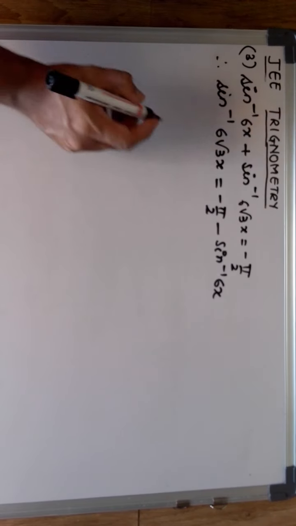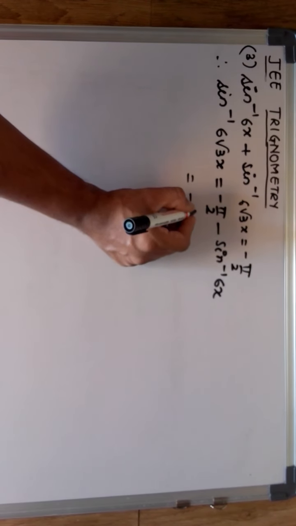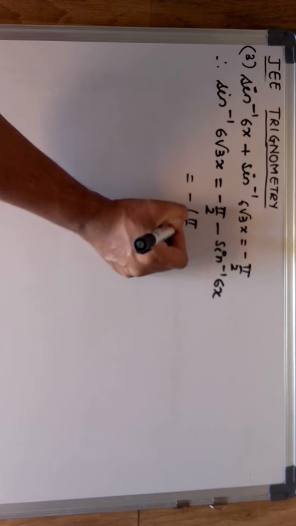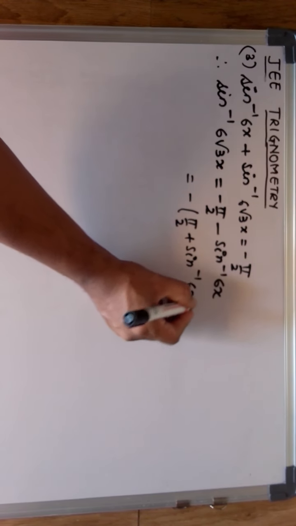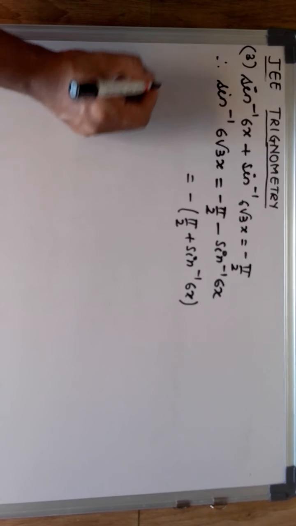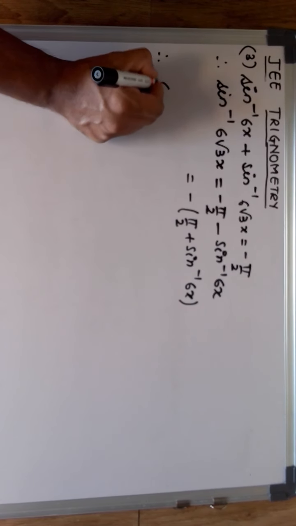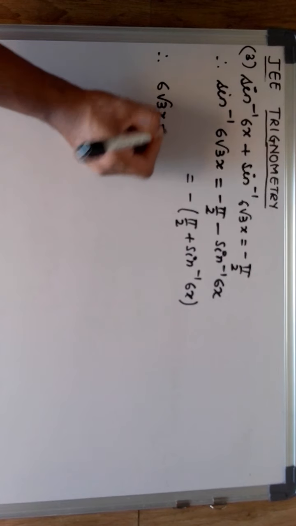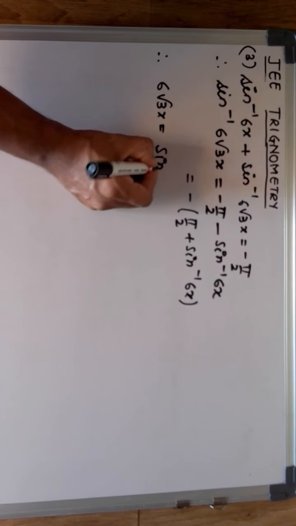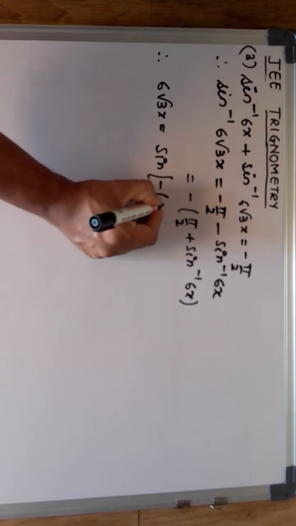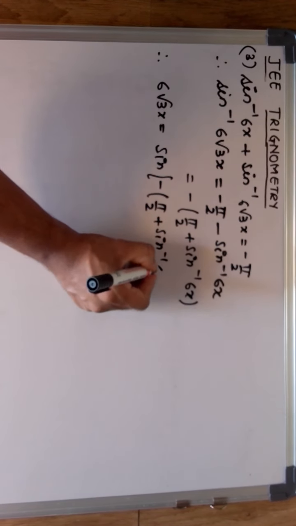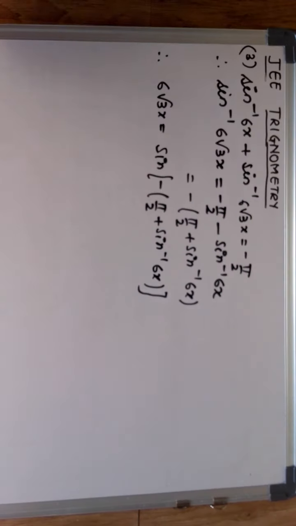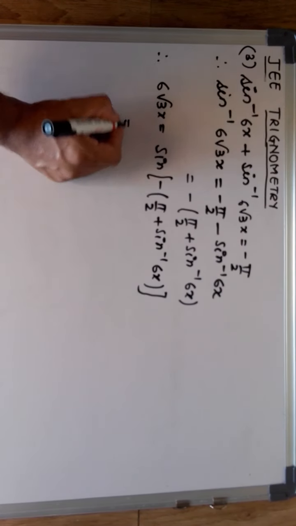So obviously this will be written as minus into bracket pi by 2 plus sine inverse 6x. Now taking sine of both sides, I get 6 root 3x is equal to sine of minus bracket pi by 2 plus sine inverse 6x, bracket closed. Now sine of minus theta is equal to minus sine theta.